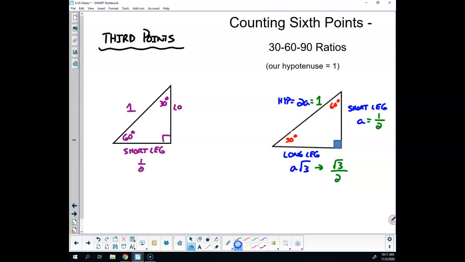And my long leg here is now the square root of 3 over 2. Okay. Same triangle, because it's still a 30, 60, 90 triangle. Same triangle, just in a different spot.